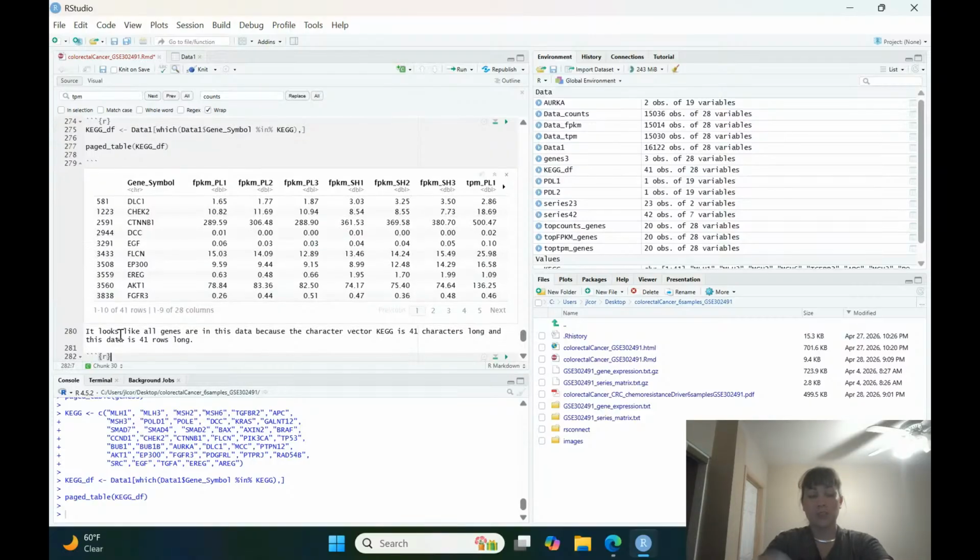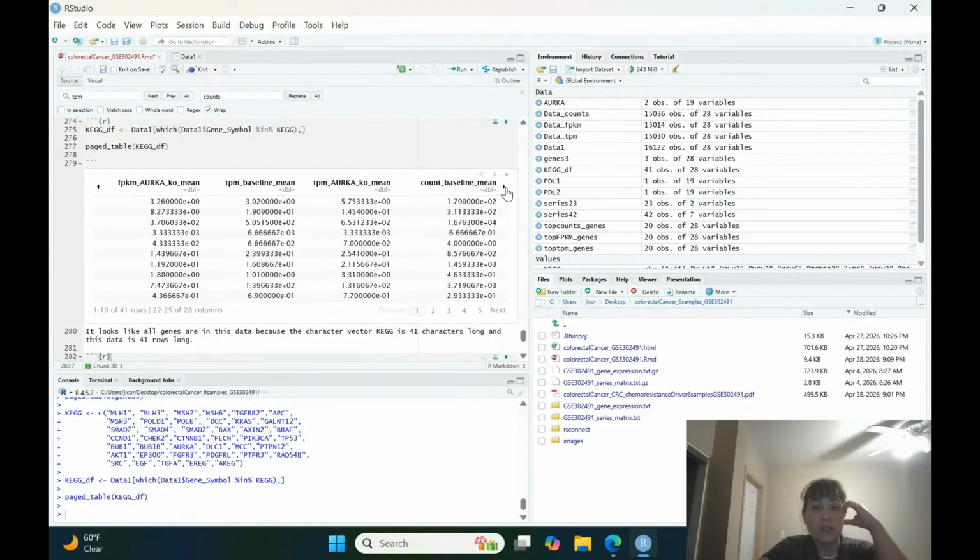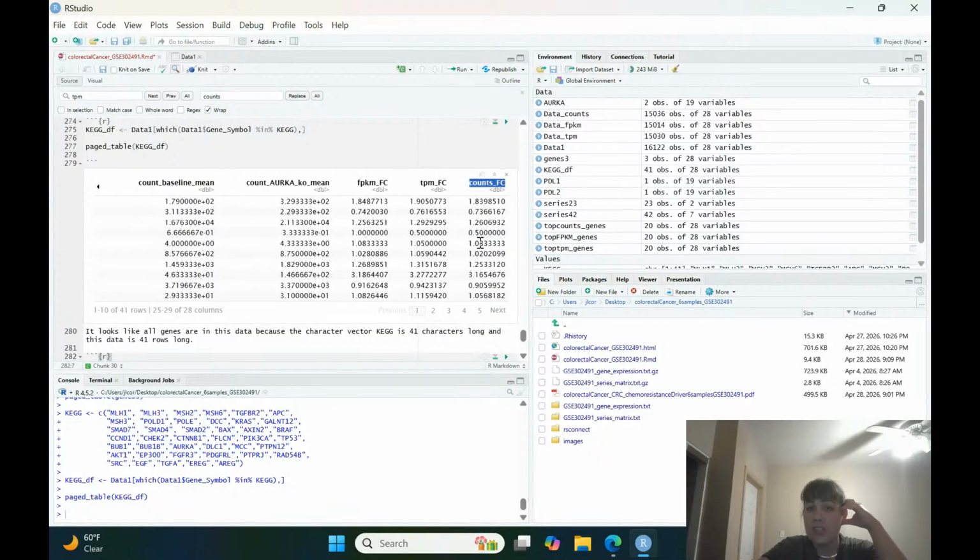Okay, so let's compare with the fold changes. And then we can see what happens comparatively when ARCA is knocked out.